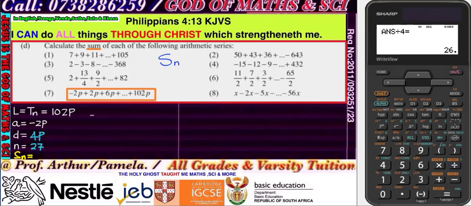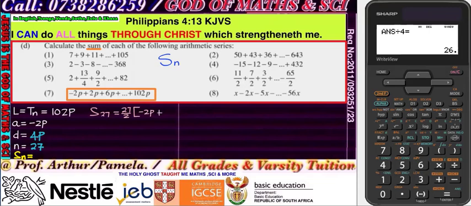So that means I'm having S subscript 27 equals the N, which is 27, over the 2. Open the brackets. First term is negative 2p. Last term, we have it 102p.